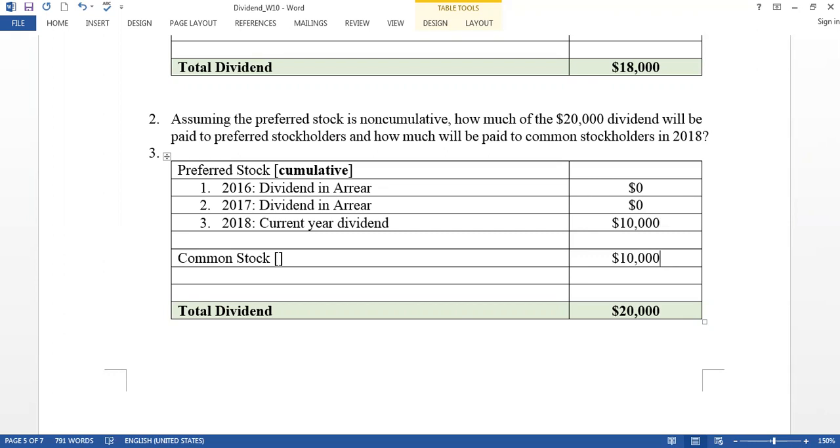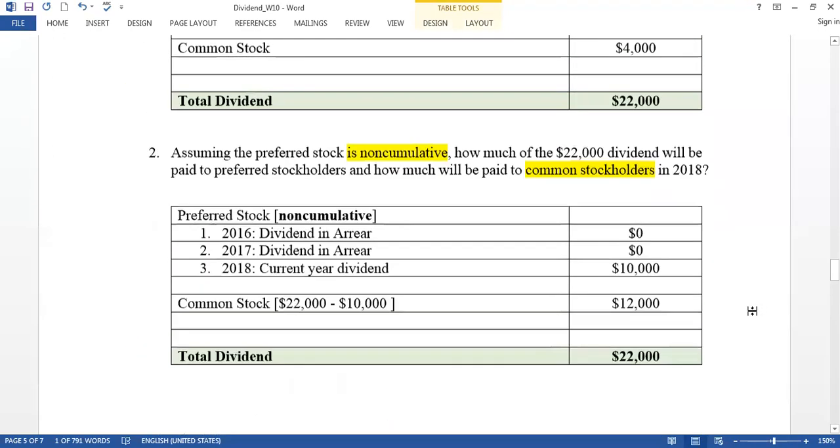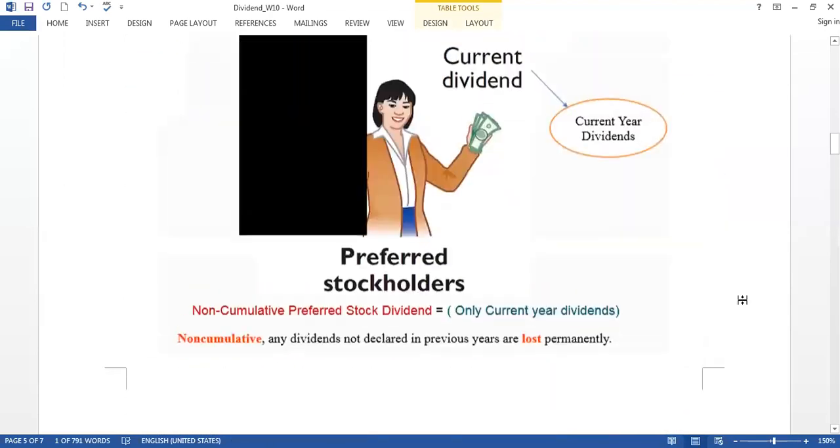So total is $20,000, right? And you are non-cumulative, do not make a mistake here. So with total 20,000 dividend, you are non-cumulative, so you are not going to receive any unpaid dividend. Only current year dividend, and the remaining goes to common shareholder. So this is the story. You have to remember this kind of picture.